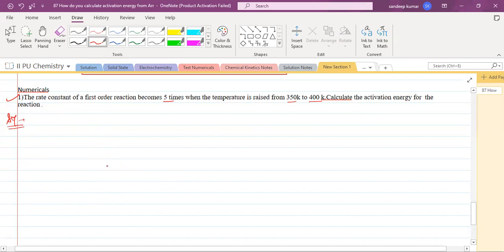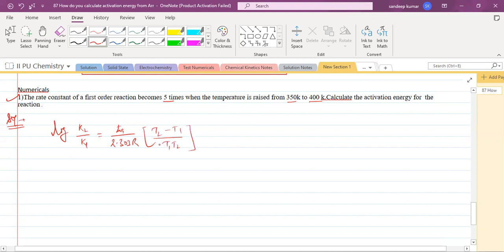From the Arrhenius equation, what do you know? Log of K2 by K1 is equal to EA by 2.303 R whole into T2 minus T1 upon T1 T2. Yes or no?